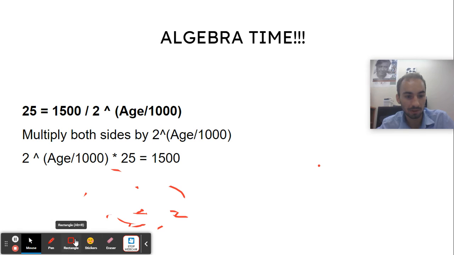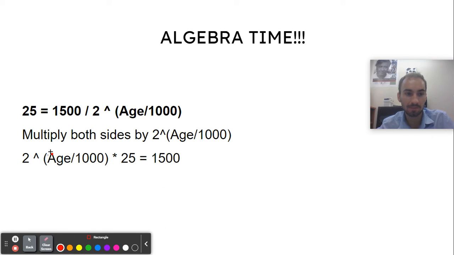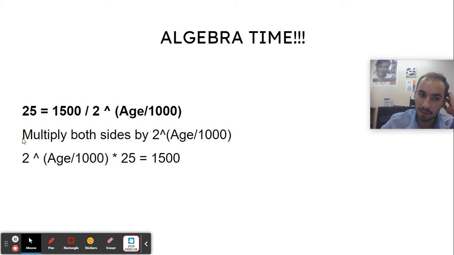If you multiply this by itself, it'll cancel out, and then it'll move over to this side.